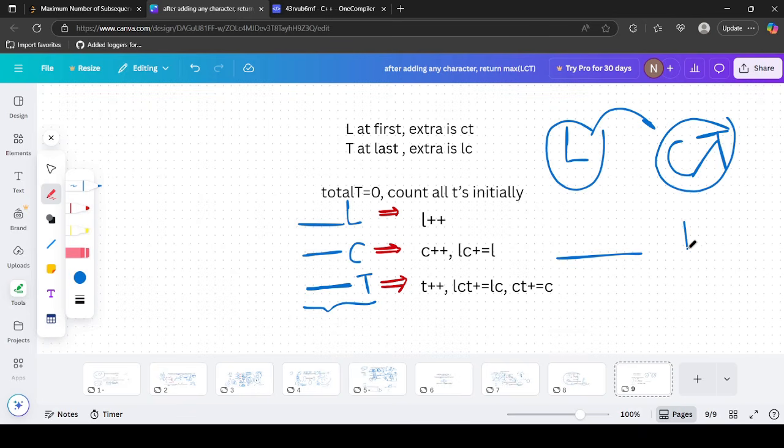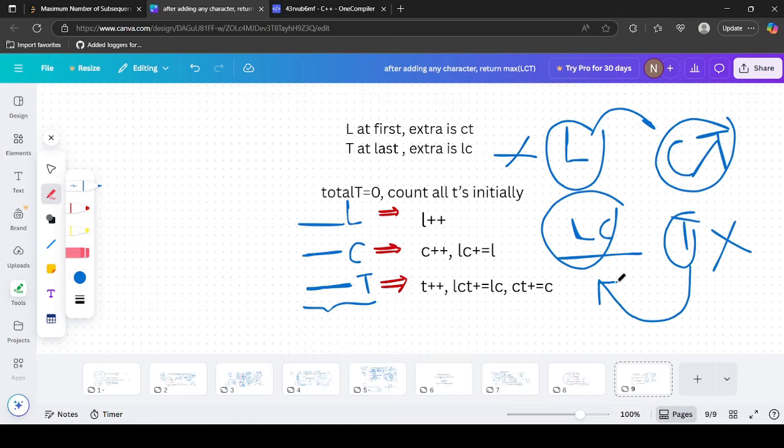And similarly, if we are adding T, then the answer is simply LC. The extra is LC because we are adding T at the end; there will be no final T before it. So for T, the LC subsequence count is the extra part we can get, and for L the extra part we can get is CT. So we can maintain two variables, LC and CT, so that we can finally return the answer by considering both these cases as well.